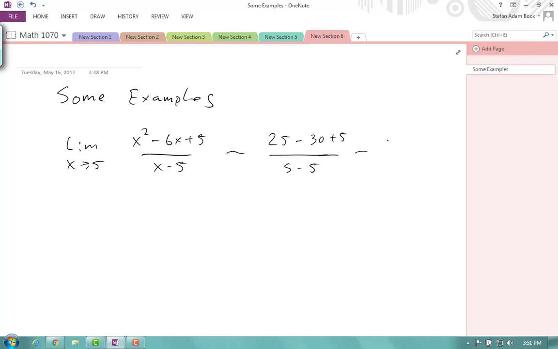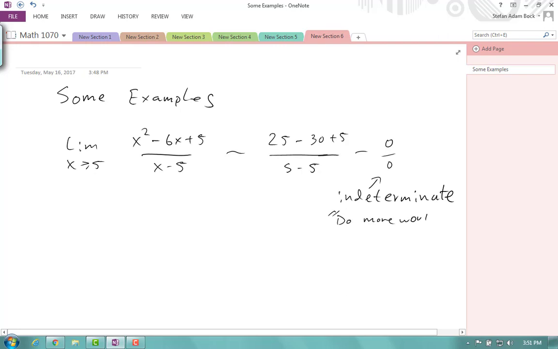If I'm not mistaken, this is 0 over 0. This is an indeterminate form. And it basically says, do more work. Because we can't determine anything, hence the name, about what our limit is going to do until we actually try to do something.